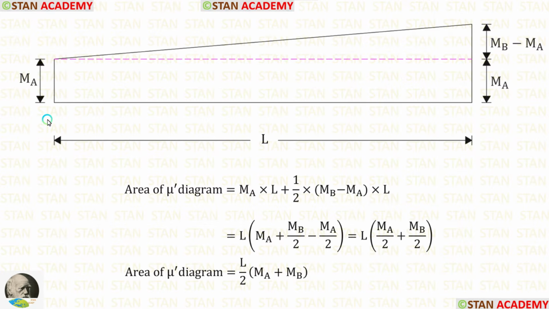First, let us find the area of the rectangle, MA into L. Then let us find the area of the triangle, half into MB minus MA into L. We can take L outside, then multiply MB minus MA with the half. When we do that, we will get these. MA minus MA by 2, we will get MA by 2. Finally, we are getting L upon 2 into MA plus MB.